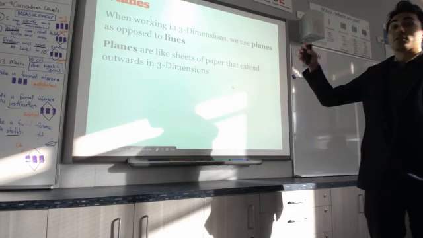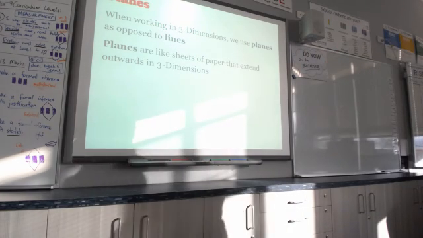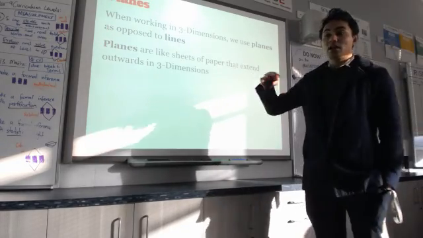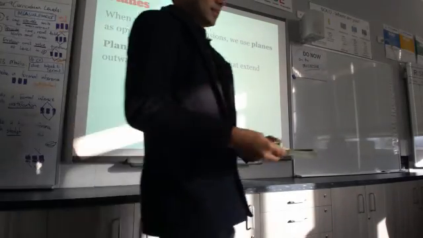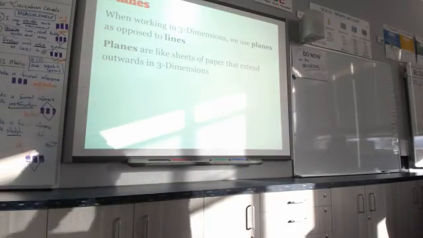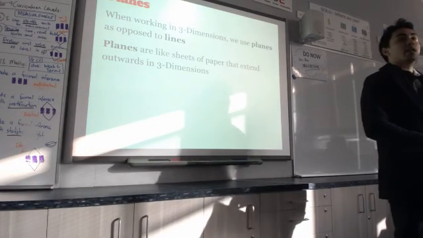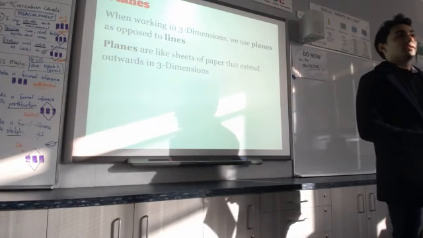When you're working in 3 dimensions, you are working with 3 different planes at the same time. Planes are basically like sheets of paper. A plane is a flat surface that goes out for infinity. So the floor you're standing on, if it went out forever, would be a plane. So it's a flat surface.